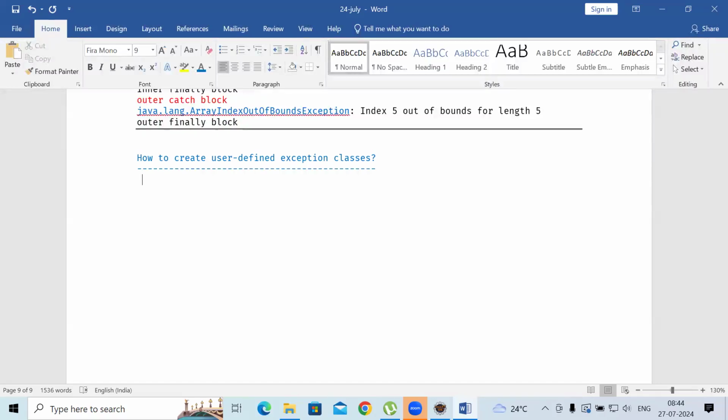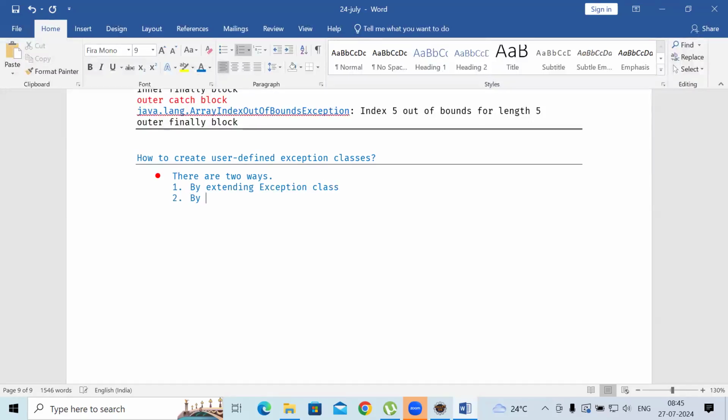There are 2 ways. Number one, by extending the Exception class.